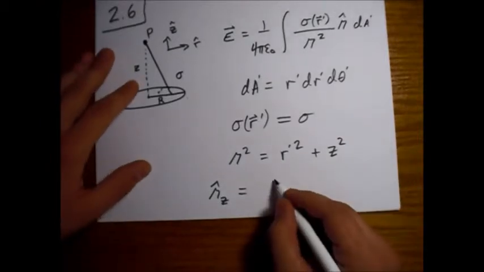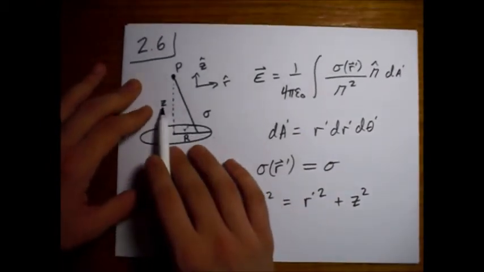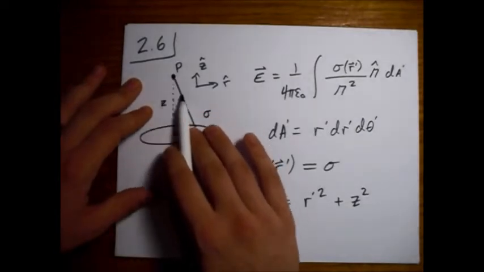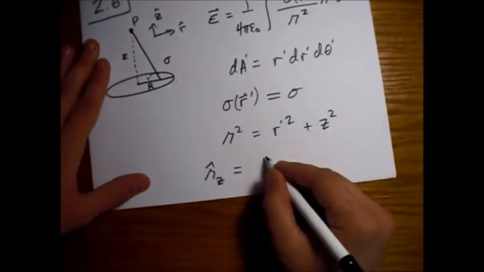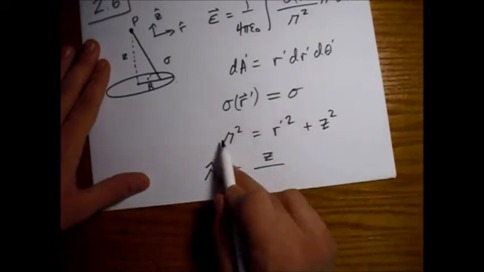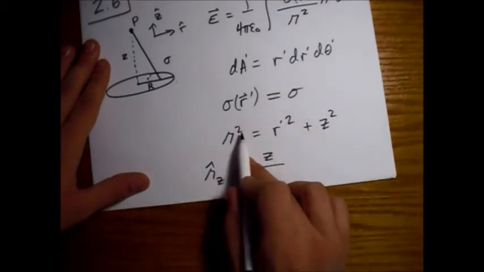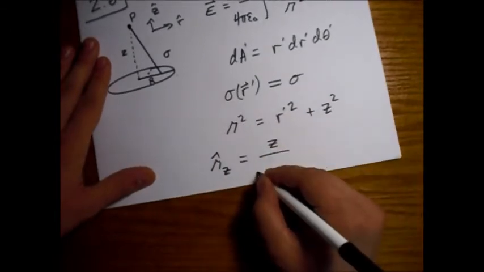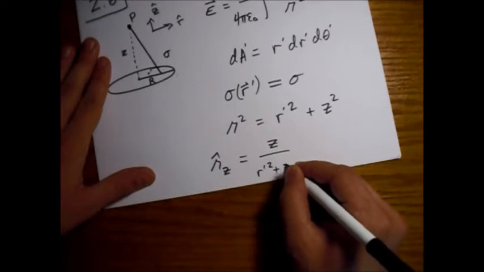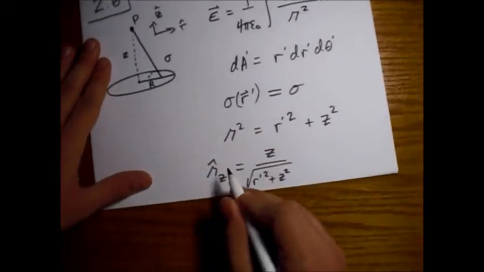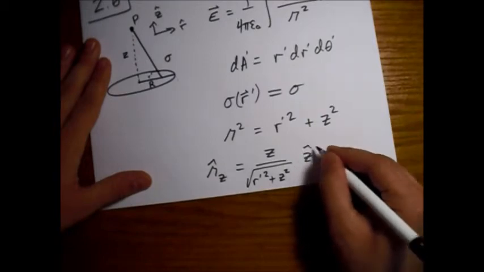And that is equal to just this opposite side over the length of the hypotenuse. So we have a z up top, and the length of the hypotenuse is the square root of r prime squared plus z squared, and then for the z component, we need a z hat vector.